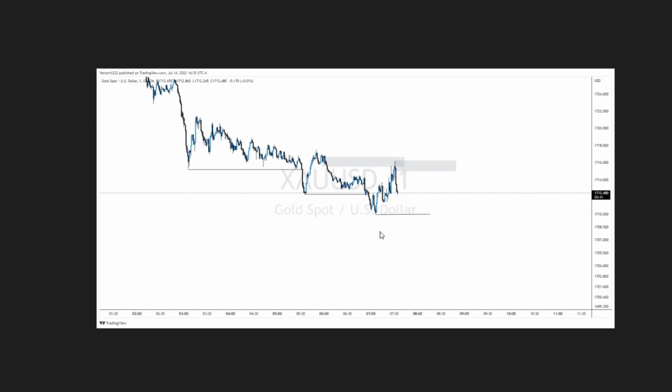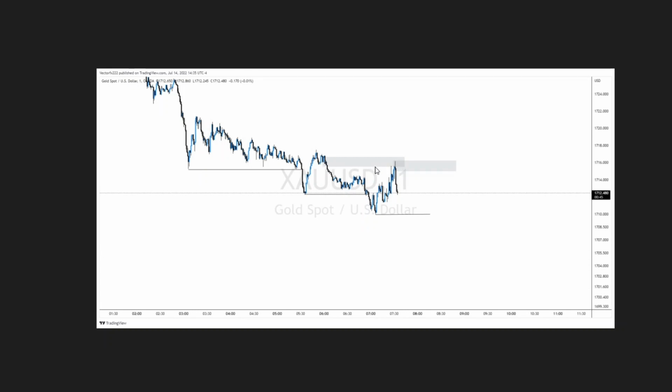Okay, so let's move on to gold here. Gold 1 minute time frame, we're just following the bearish order flow. Lower low, lower high, lower low, lower high. Price made a lower low, lower high, lower low again, and then a lower high into this zone.